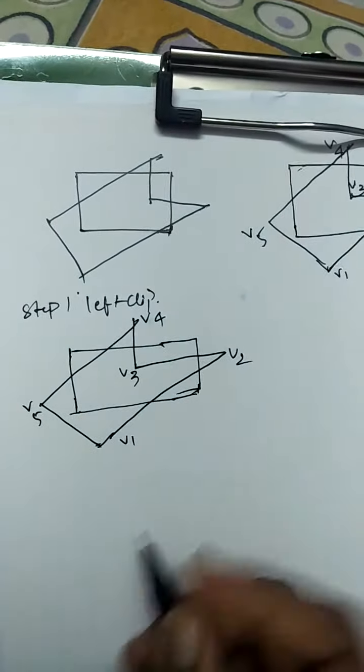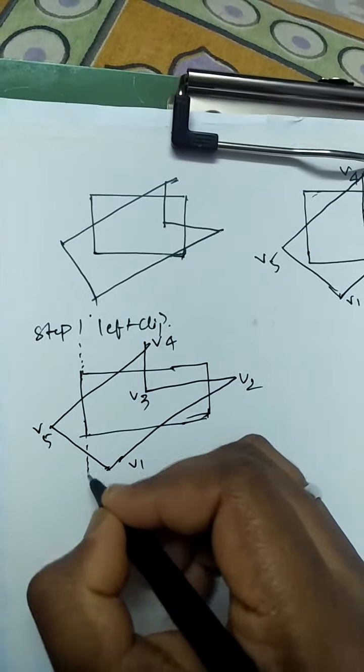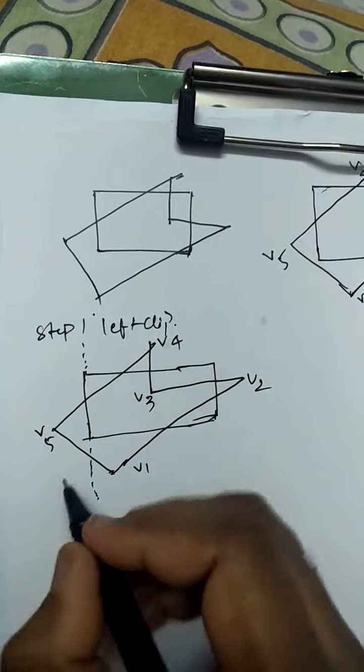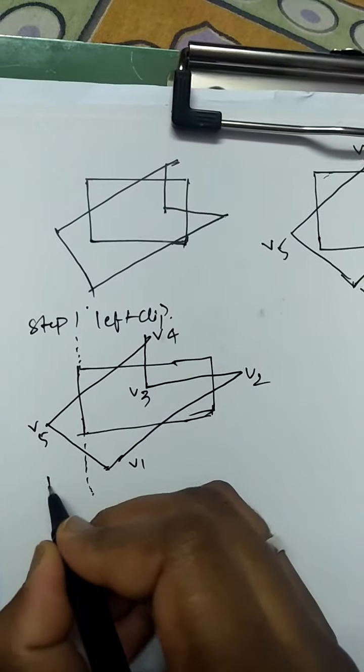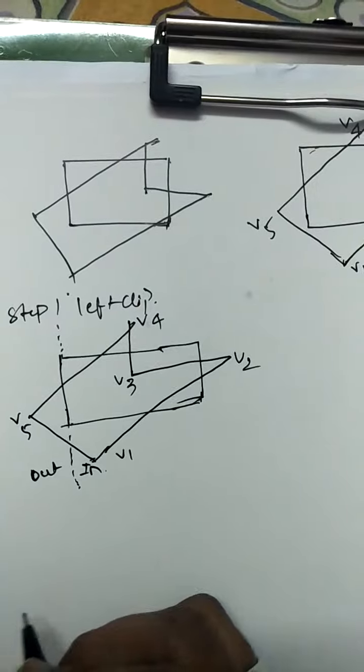Assume I am performing a left clip now. So this will be my out region, and this will be the in region.